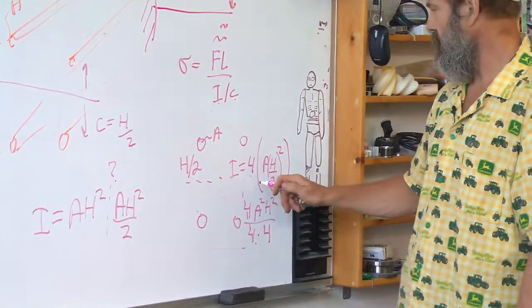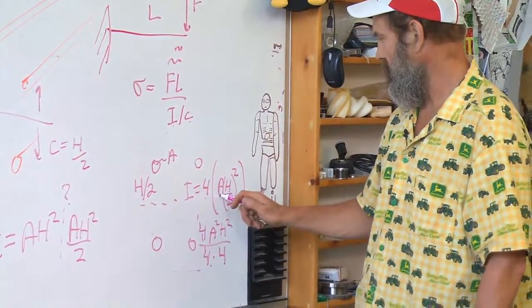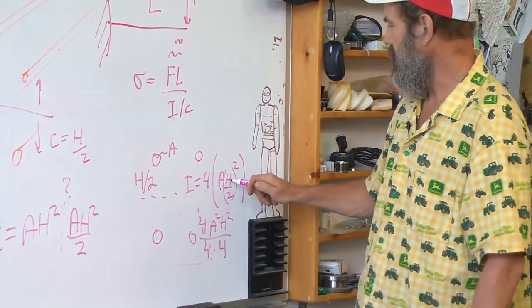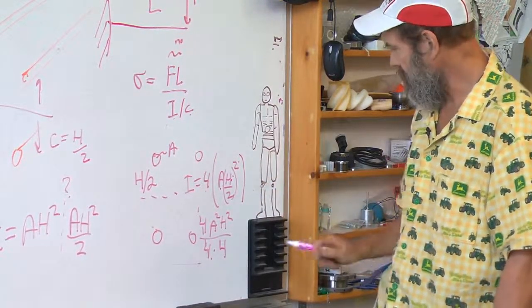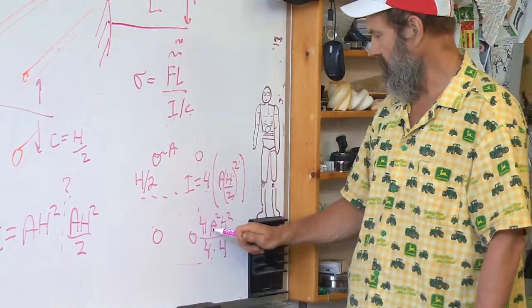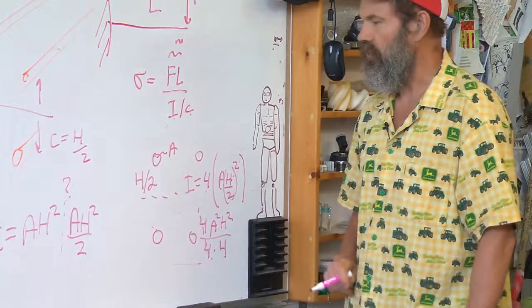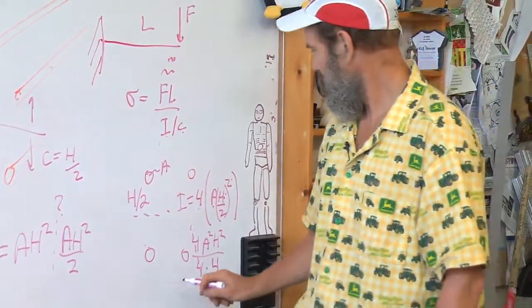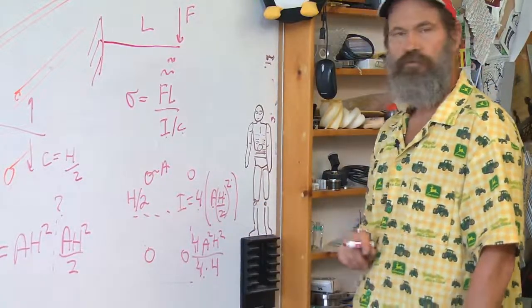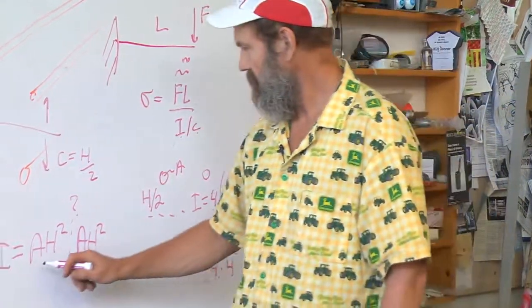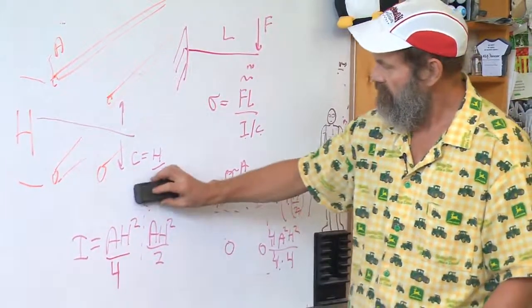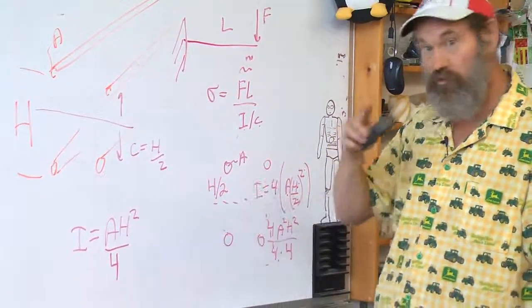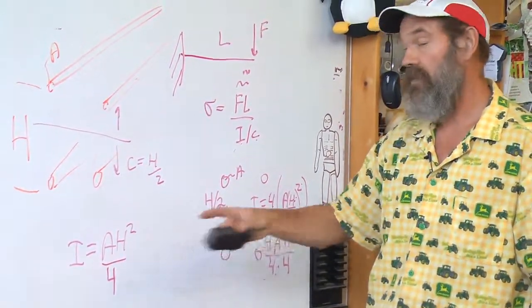So I have 4 times the area of an individual chord member times h over 2 quantity squared, which becomes a h squared over 4, because this 4 eats up 2 of those 2's. So it's over 4. Is that right? Maybe I'm wrong. You're supposed to check. Remember, peer review. But let's assume that's right to start.